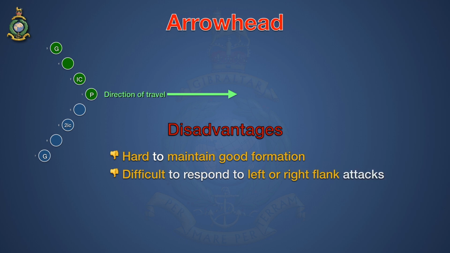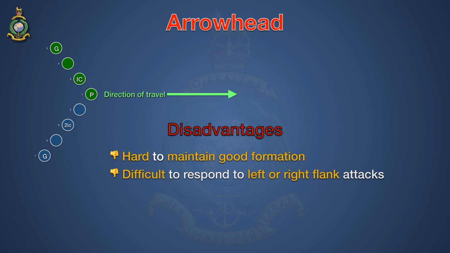It's difficult to respond to attacks from the left or right flanks. If you think about it, if you were attacked from the left, in this diagram that would obviously be from the top, Charlie could respond there at the correct side, but they're also in the way for Delta to join them in responding to a left attack.